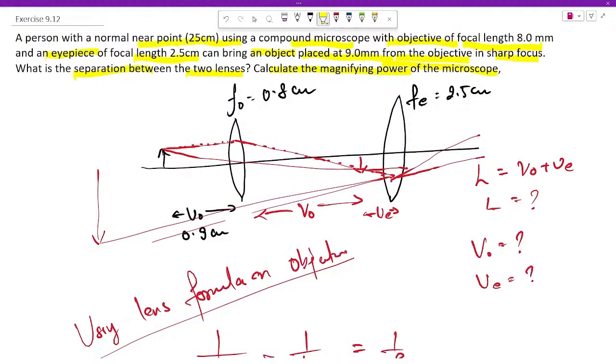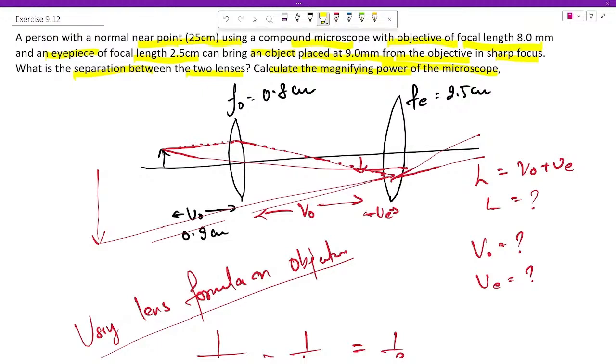So it is simply asking what would be the distance between these two lenses such that the person can focus it, or the eyepiece can create an image at V equals 25 centimeter in front of it.